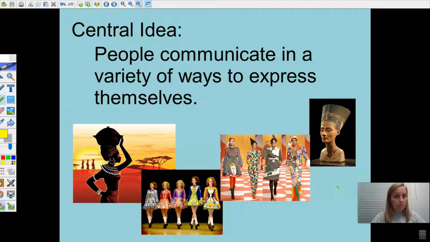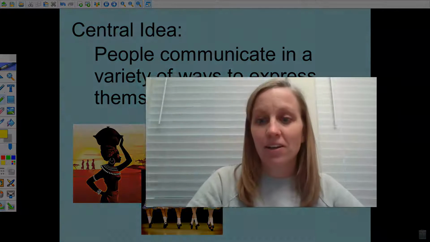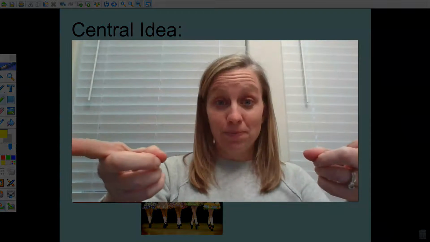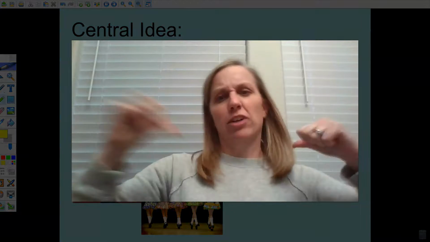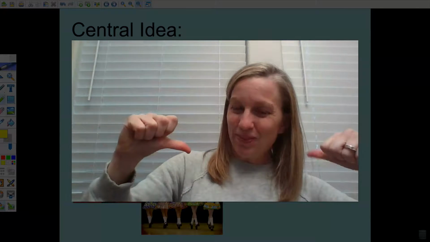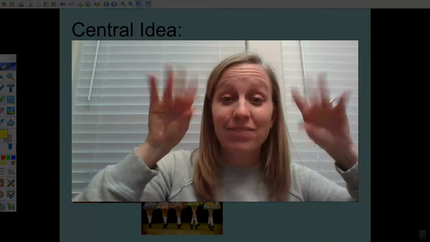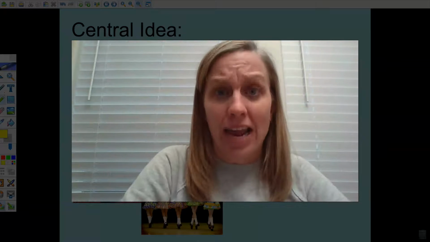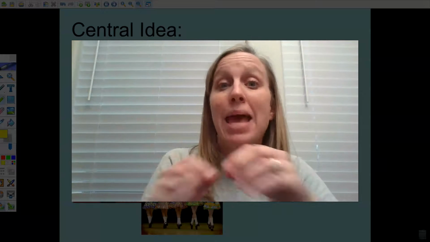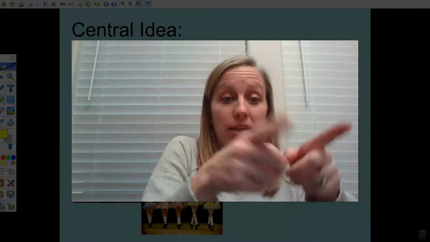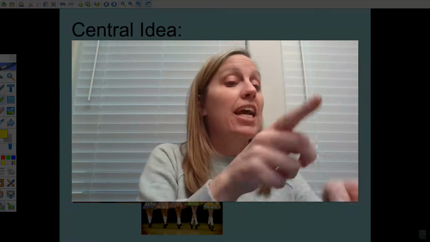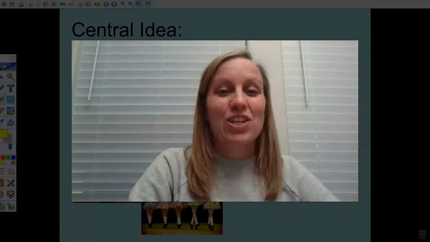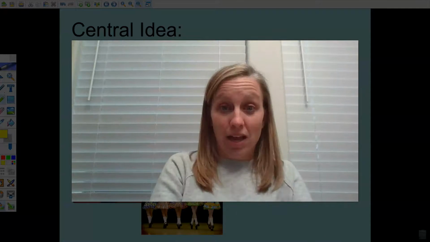Now, we always learn motions with our new central idea, so let's look at that together. We're going to say people, that's us, right? Oh, actually, let's point to us. People communicate in a variety of ways. Variety of ways means like many ways, so we're going to count the ways. In a variety of ways to express themselves.